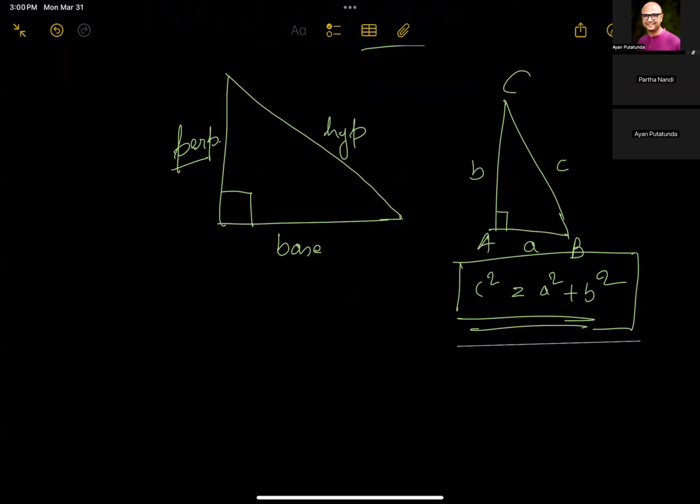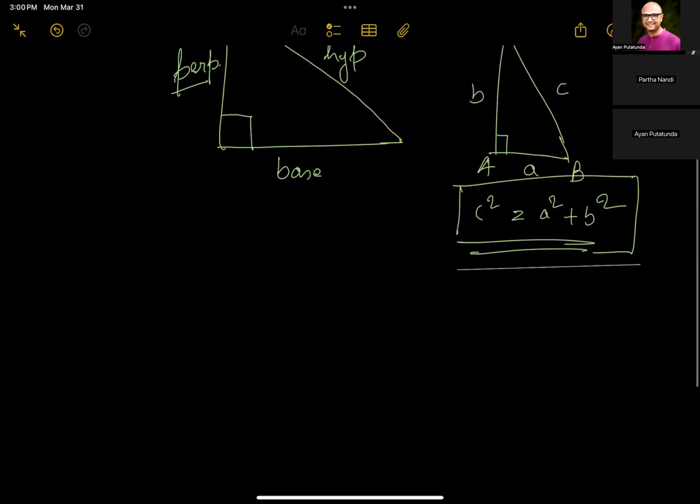Built on that, we understand that there is a branch of mathematics called trigonometry, correct? What does trigonometry tell us?